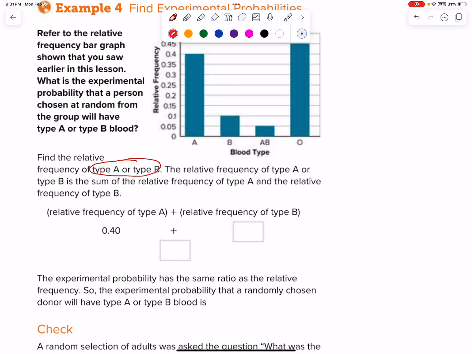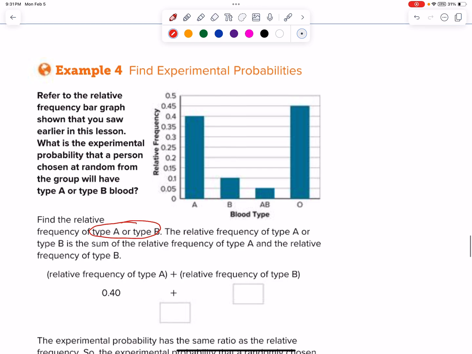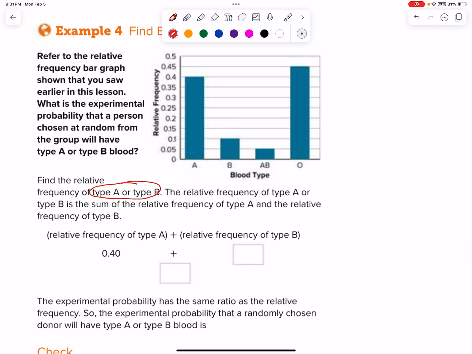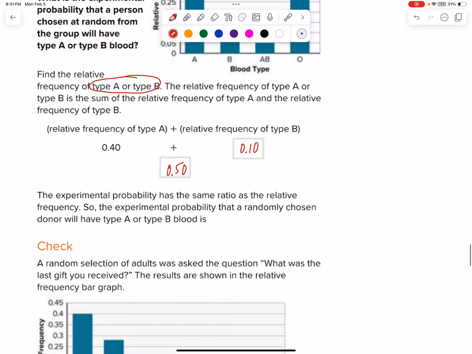So we have type A plus type B, and A was 0.4, B was 0.1 or 0.10, so they have the same place values. And so obviously we have 0.5 or 0.50, okay? So the experimental probability has the same ratio as the relative frequency. Like I said, they are the same, okay?